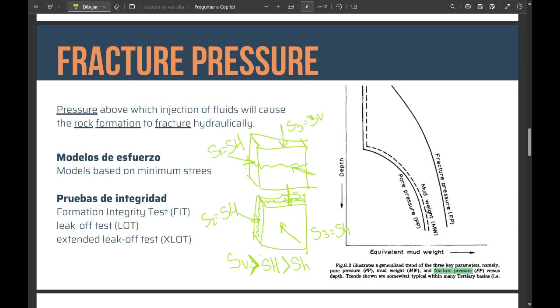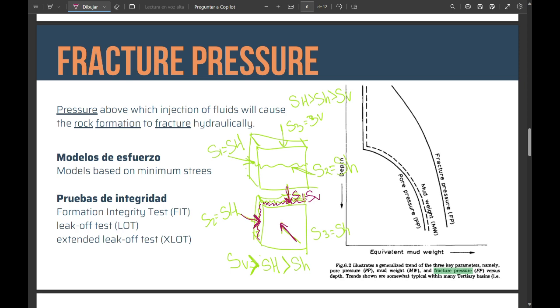En este caso donde los esfuerzos cambian, ok, por ejemplo, si tenemos que en esta cara, esta es mayor a esta, ok, el esfuerzo que se está ejerciendo es mayor que esta, y esta a su vez es mayor que esta, pues la fractura inducida se va a crear en esta configuración.